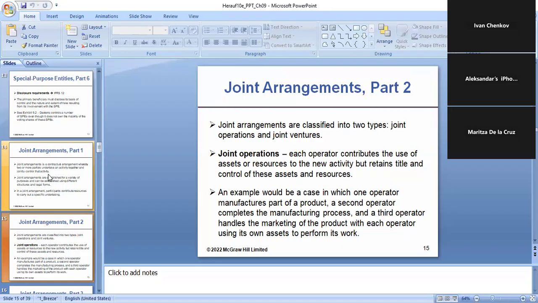An example would be the case in which one operator manufactures part of the product, a second operator completes the manufacturing process, and a third operator handles the marketing of the product, with each operator using its own assets to perform its work. So in that case, the operators don't give the rights and control of the assets to the joint operation.